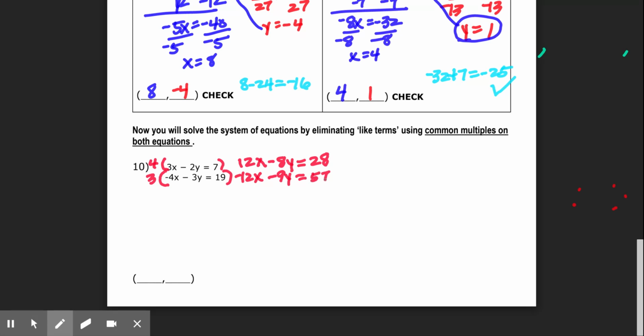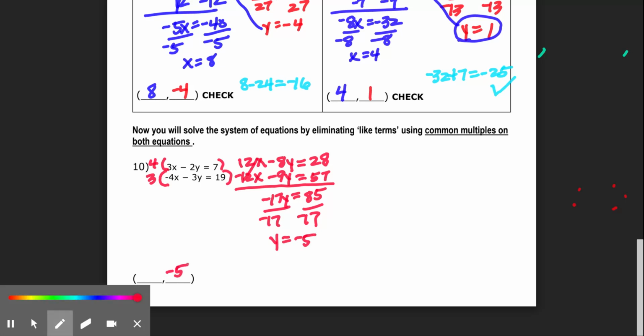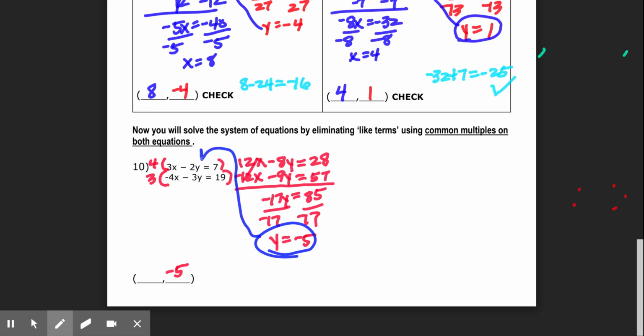All right. So our x's cancel out. So negative 8 and negative 9 is negative 17y equals, and this will be 85. And then we're going to divide by negative 17. So y equals negative 5. All right, so now I'm going to substitute negative 5 in place of y, I want to do the top equation right there.